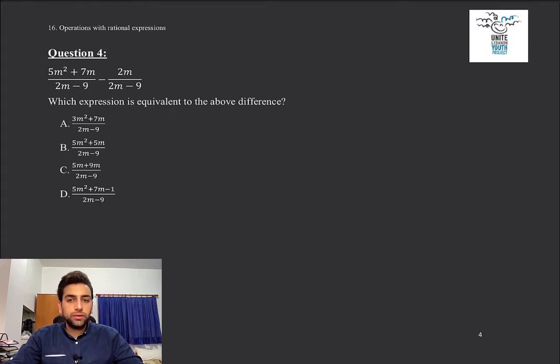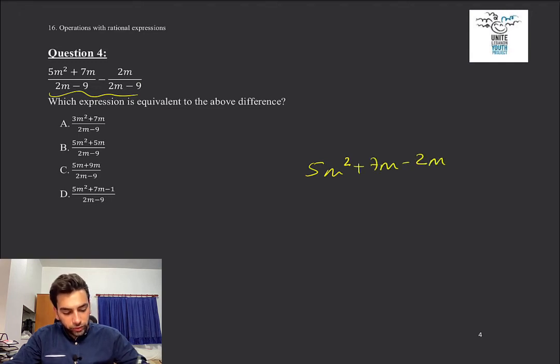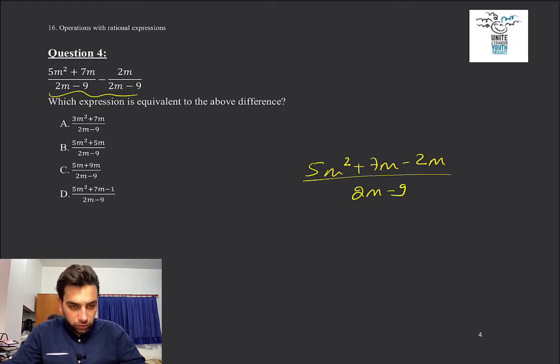Which expression is equivalent to the above difference? Here you can notice that in our difference we have the same common denominator. Thus we can simply add the two expressions to each other, or actually subtract them from each other. So thus we will get 5m squared plus 7m minus 2m over 2m minus 9 on one common denominator.